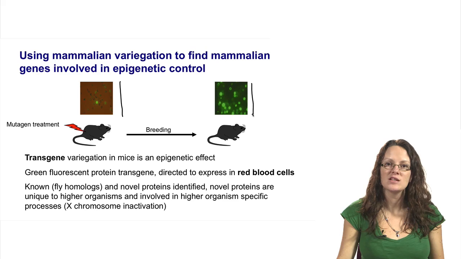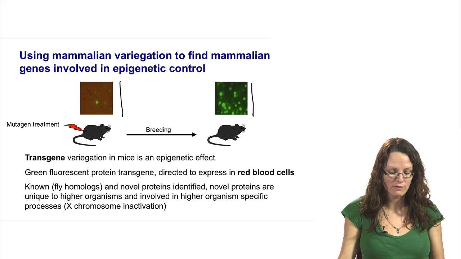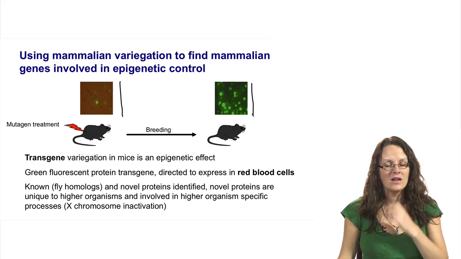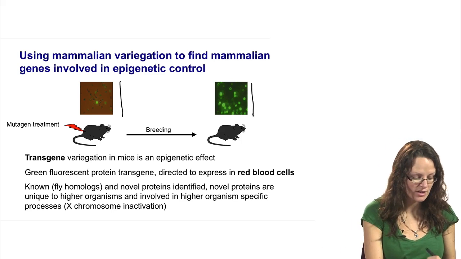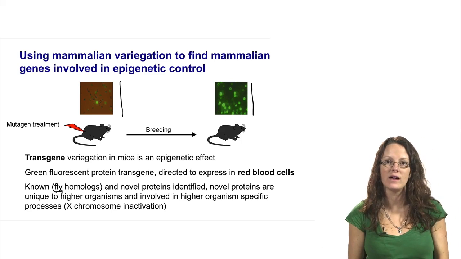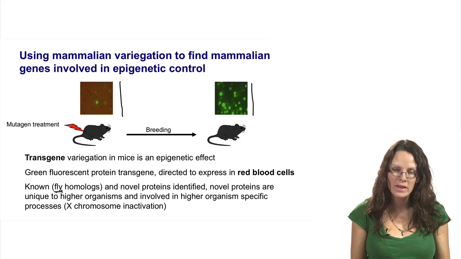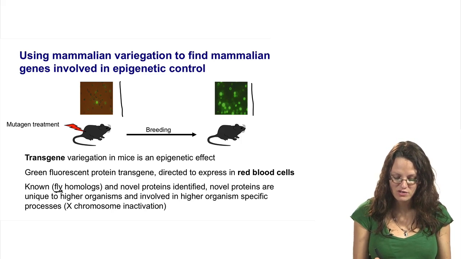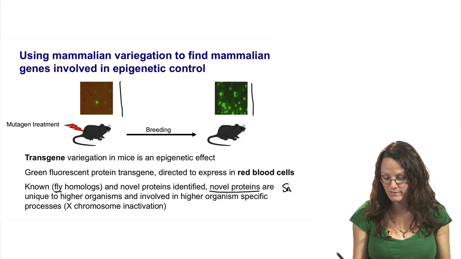Then the mutations were mapped to find out which genes they were in so that we could find new epigenetic modifiers. As you'd expect, many of the homologs of the fly proteins important in epigenetic control were found, and that's reassuring because it meant the screen was working in the same sort of way. But importantly, this screen has also identified novel proteins, and in particular, it identified SMCHD1, which I mentioned earlier.